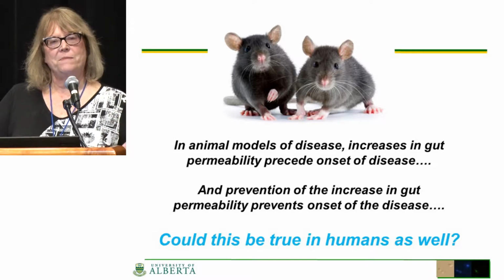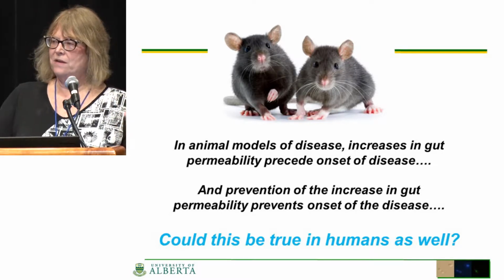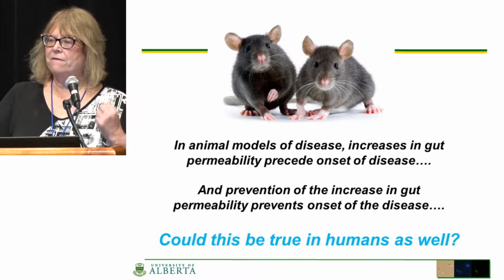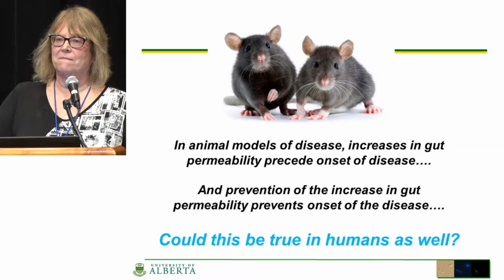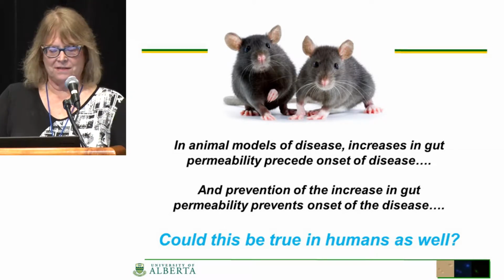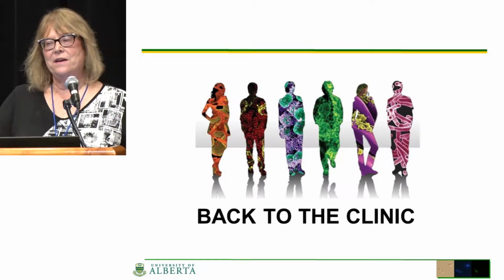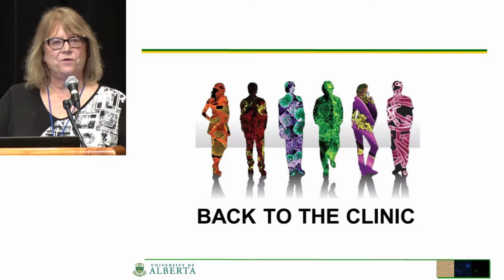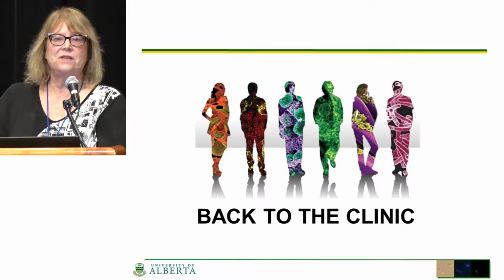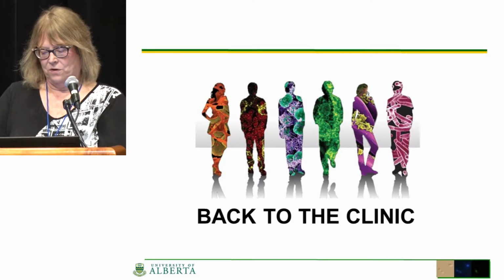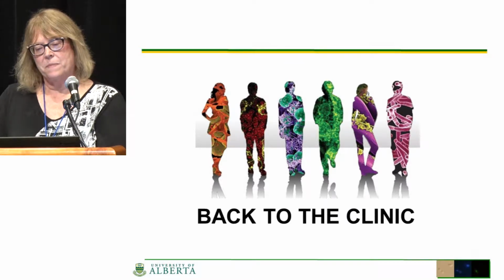We're using treatments to change the bacteria, to change gut permeability, and prevent the onset of the disease in animals. But how do you study that in people? Is that true in humans? Does permeability increase before diabetes? Does it increase before IBD? And how do you study that? So back to the clinic.